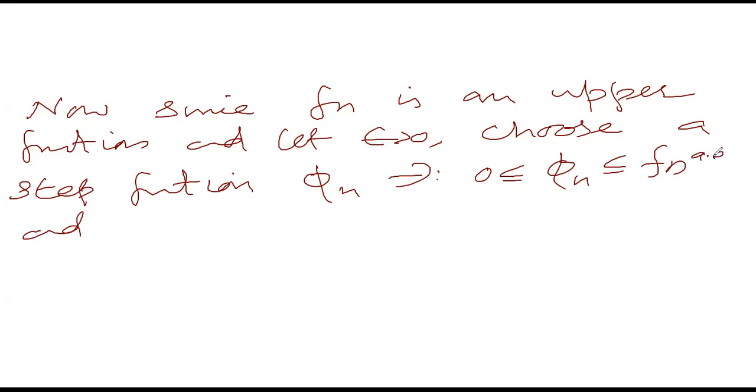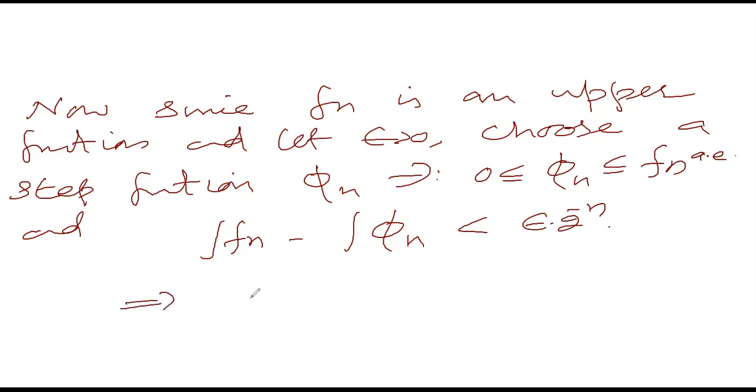Okay, and the integral of fn minus the integral of phi n is less than epsilon times 2 power minus n. Now fn minus phi n is an upper function. This implies the integral of fn plus the integral of minus phi n is less than epsilon times 2 power minus n.